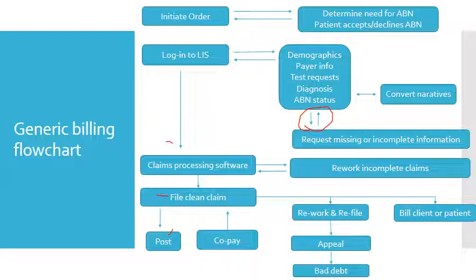If there was a copay, that copay will be applied to that particular claim, and then again, eventually, it might get denied, might have to be appealed, those kind of things, and eventually might be billed to the client or patient.